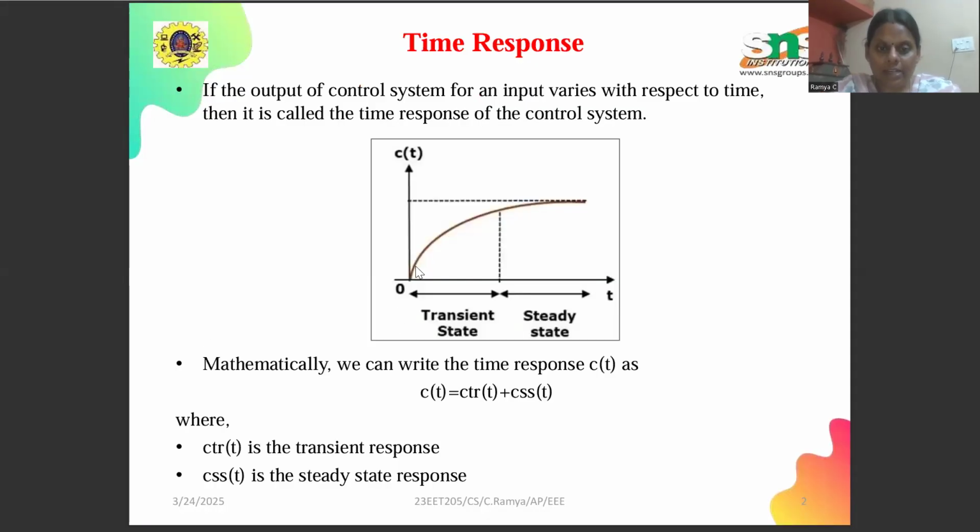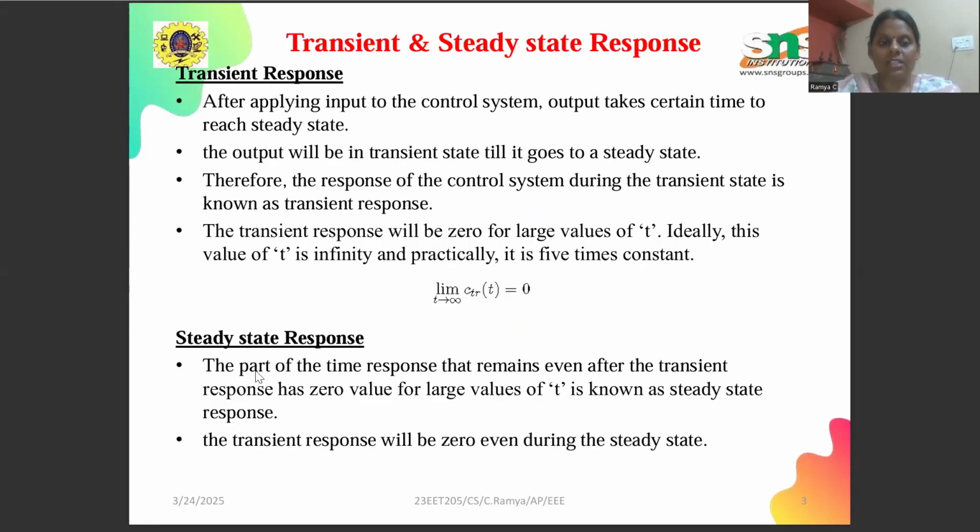Once the transient response is over, that is, in the time period after t1, it almost reaches the steady state values. The steady state response is the part of the time response that remains even after the transient response has become 0 for larger values of t.